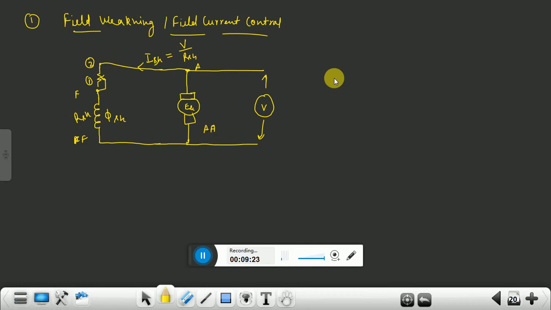In this case, with the rheostat of resistance R, it is written as ISH equal to V divided by RSH plus R. Okay, so here this R is variable.